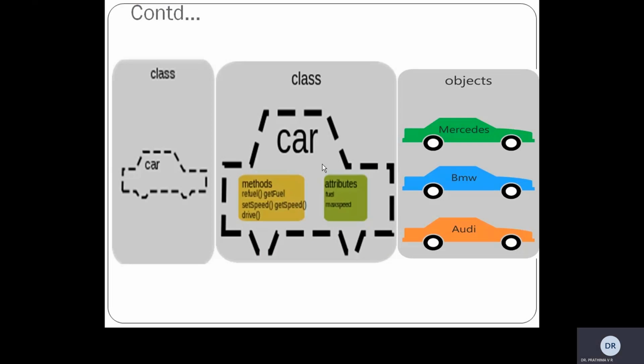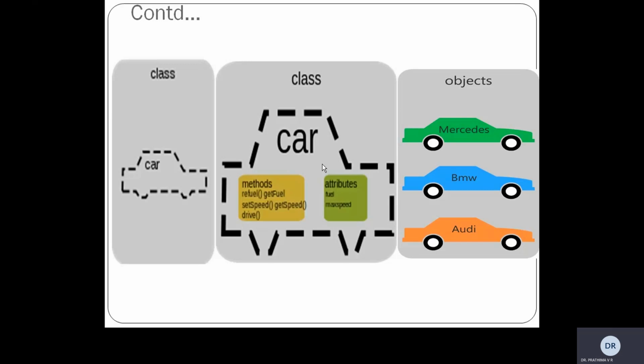Then on the third part of this diagram, we see the relation of class to that of an object. For me, the object may be the car, the type of a car, along with the same methods and the same attributes.